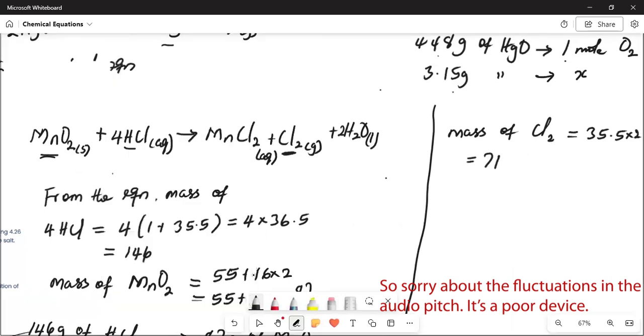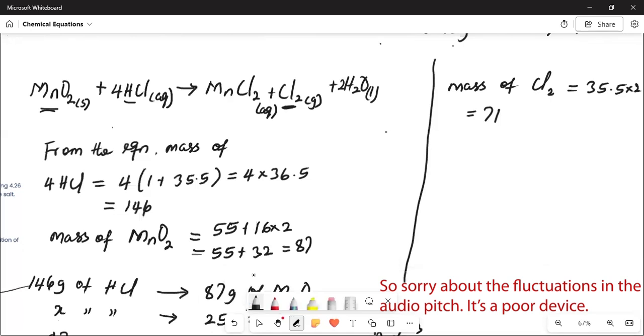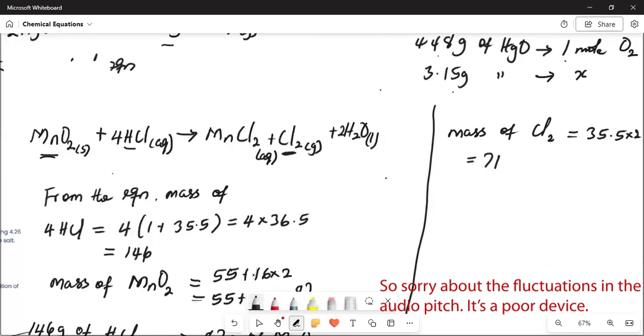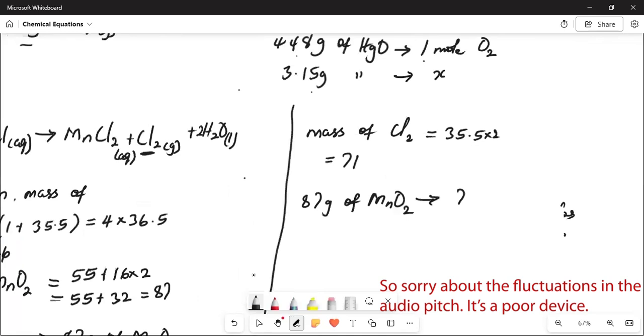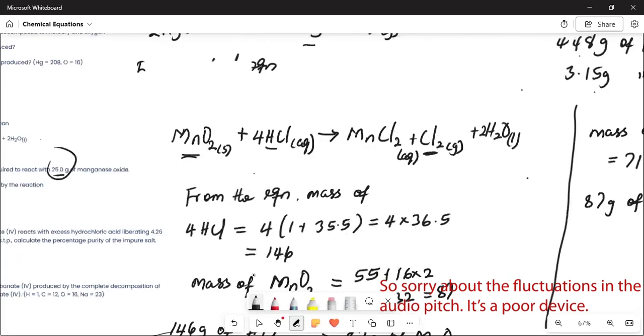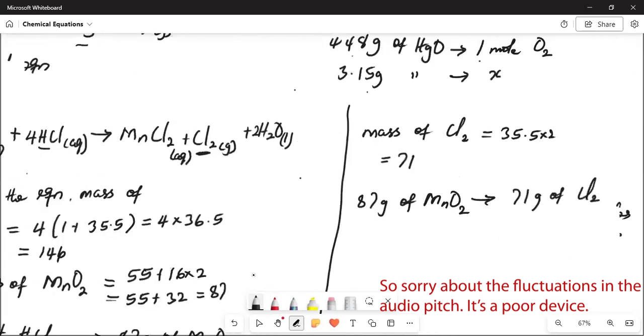Meaning, these 87 grams of manganese oxide in the balanced equation give us 71 grams of chlorine. Then what would this 25.0 gram of manganese oxide produce? Let it produce X gram of chlorine.